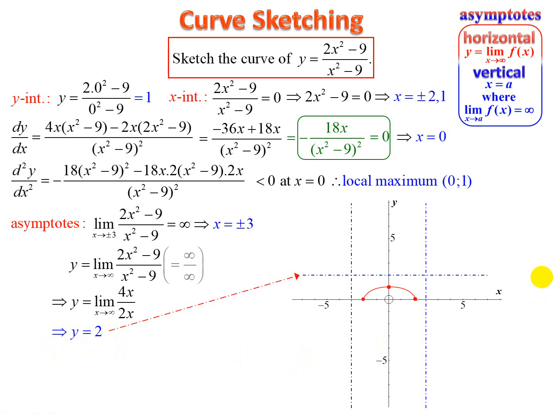So now we need to work out, you are going to have to do a little bit of work. Clearly, this has got to come down here, and it's going to be asymptotic here. I think what you should do is substitute 5 into the original to see whether it's down here or up top there. If you substitute any number greater than 3, you'll find you're going to get a number above that asymptote.